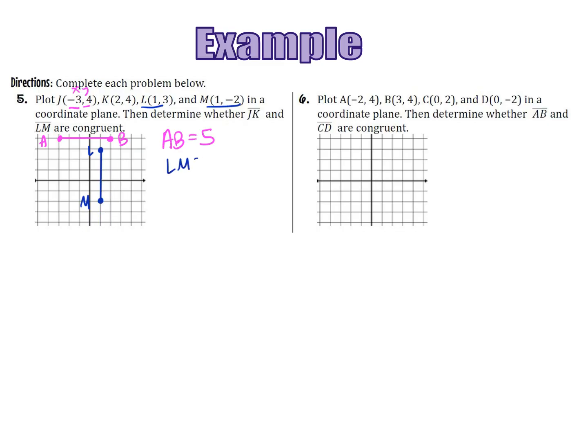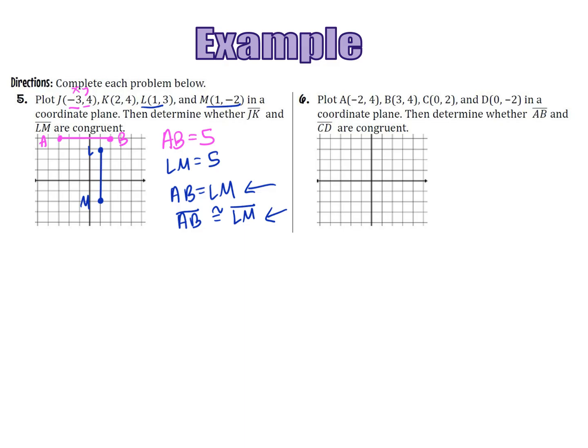So LM equals 5. And this question is asking us to determine if they're equal. So since AB is equal to LM, we can say that segment AB is congruent to segment LM. So here we're talking about length as a value, and here we're talking about segment congruency.